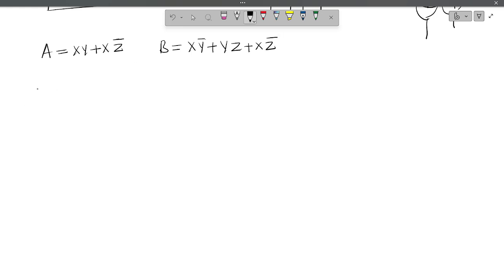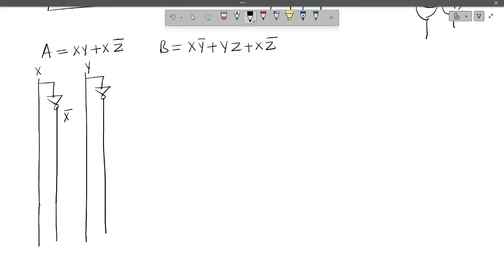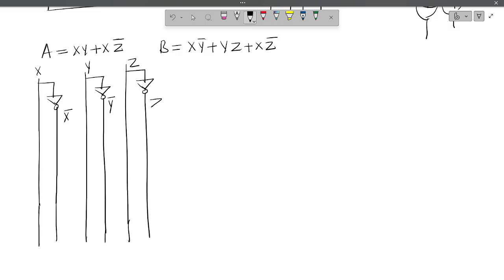Here you have X, connected with an inverter, giving X bar. Y is connected with an inverter, giving Y bar. Z is connected with an inverter, giving Z bar. Here is one AND gate. The XZ bar term is common, so I can reuse it.